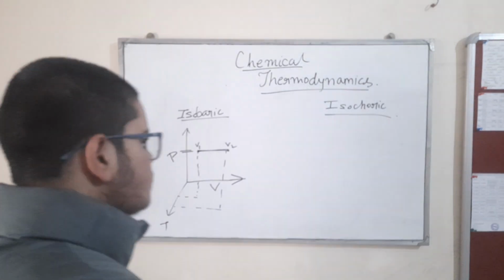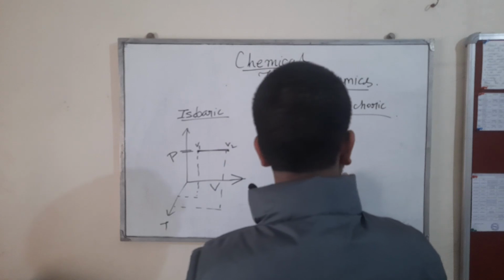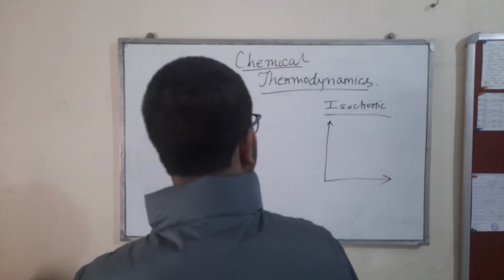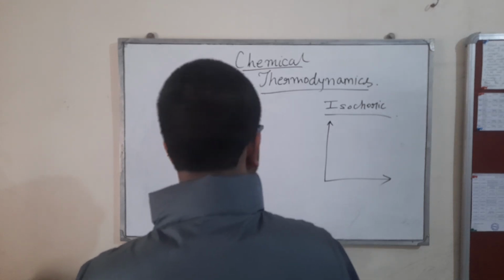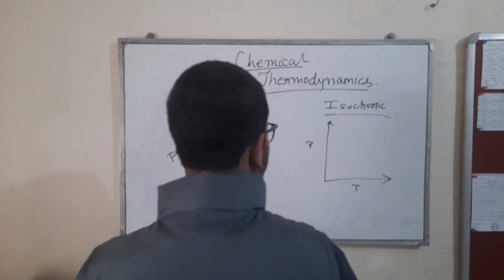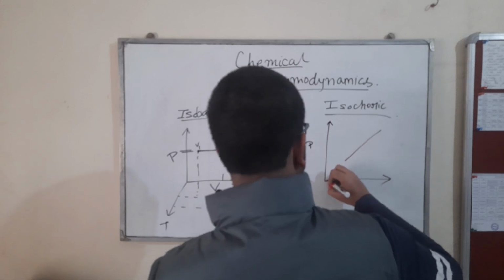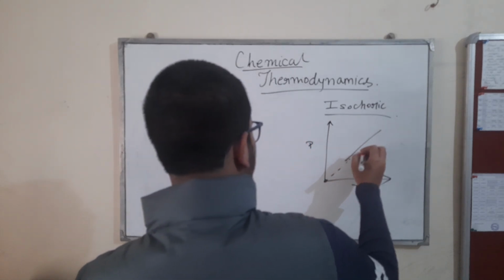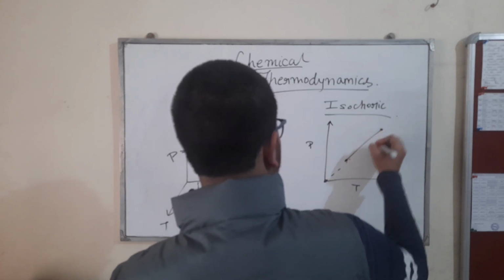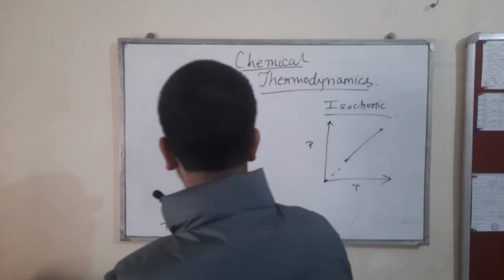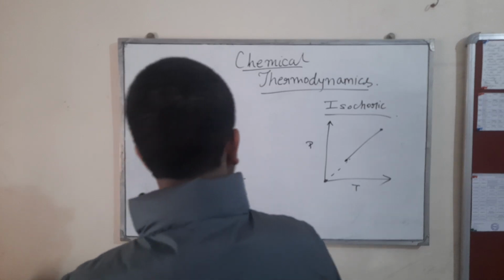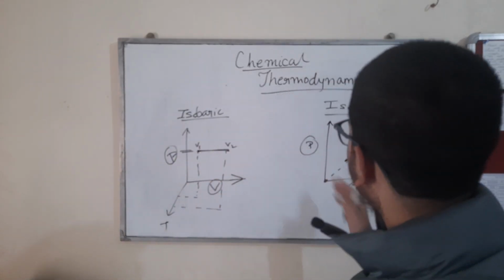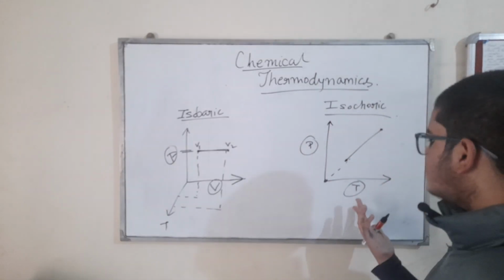Now let's talk about this one. In the isochoric process, volume remains constant. An obvious question when I studied this is, why are you taking pressure and volume on this side and pressure and temperature on that side?